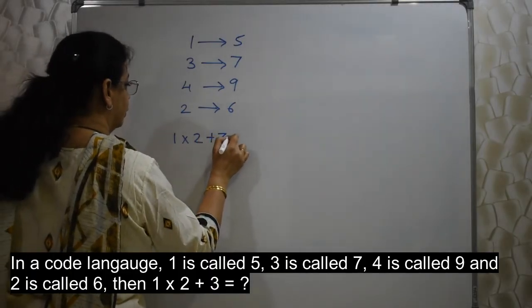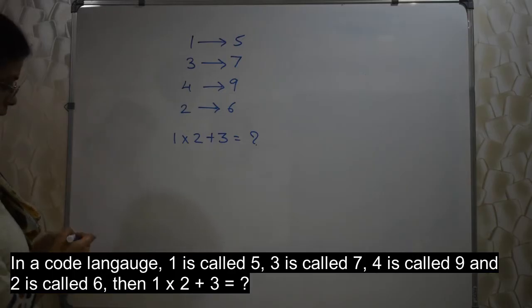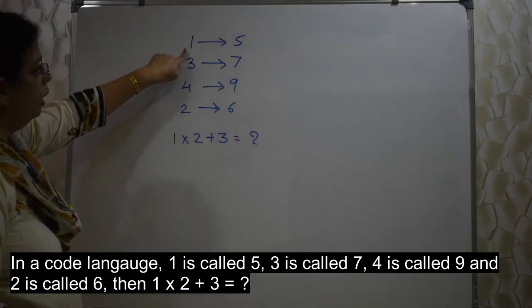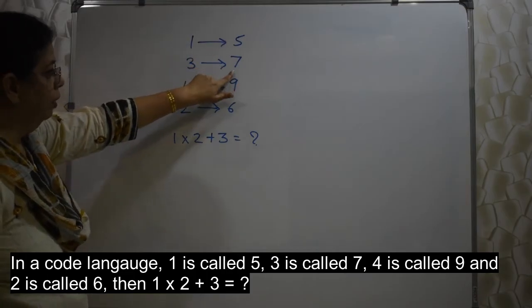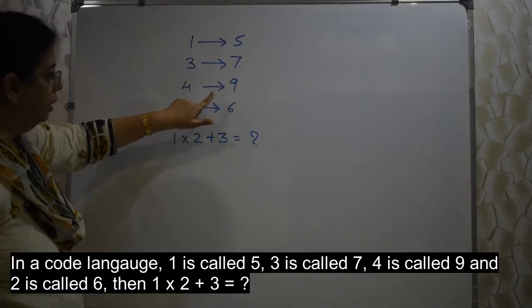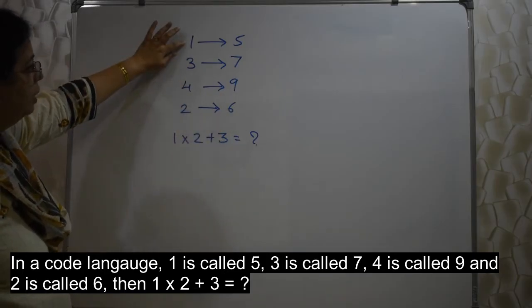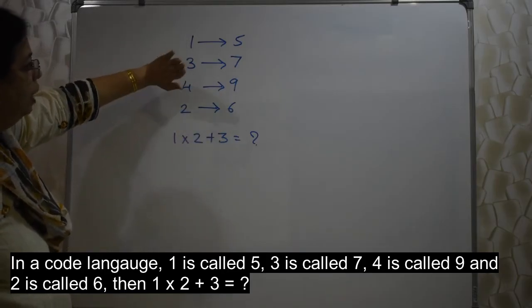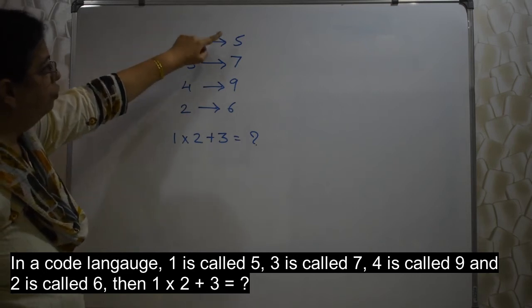Now students, they are calling 1 as 5 in their code language, 3 as 7, 4 as 9 and 2 as 6. What does it mean? Whenever there is in reality 1, we are not supposed to use that 1. We must replace that 1 with 5.